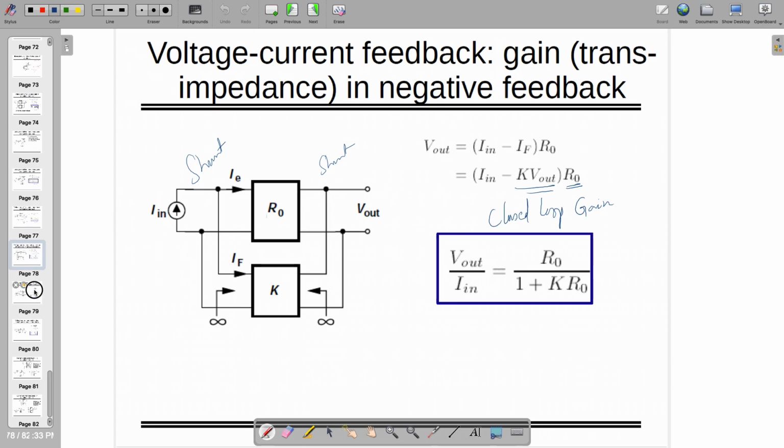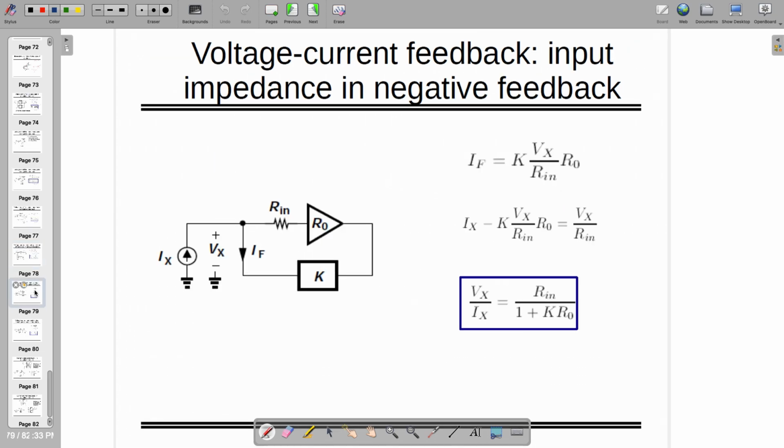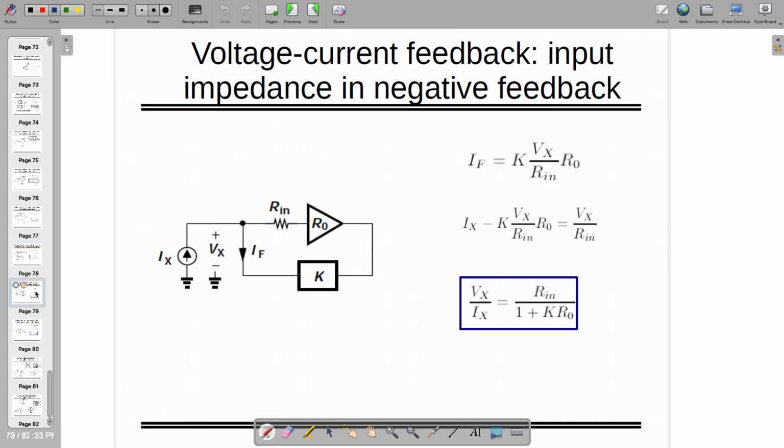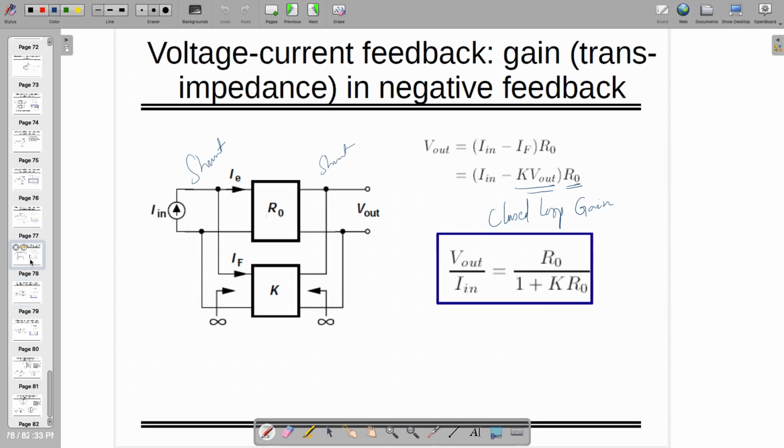Okay, so we were at 78. Now if it is a different topology, voltage-current feedback again, but I'm interested in finding out the input resistance. For that you need to keep the realistic model. If you remember, the realistic model for the current is that you need to keep the resistance in series.